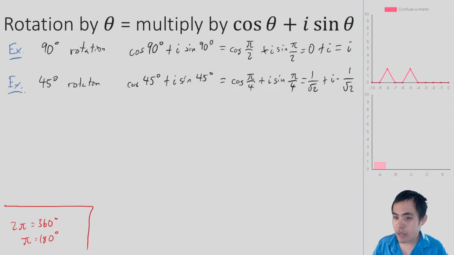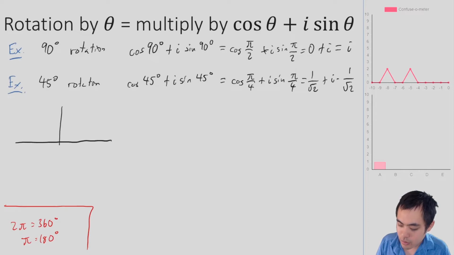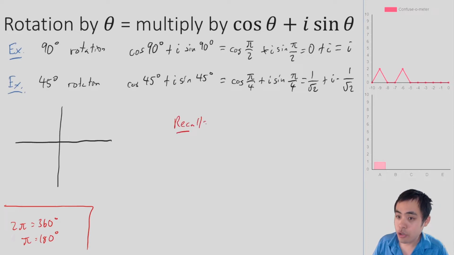And actually, this is quite interesting because, if we recall, we showed a little bit earlier that the square root of i is equal to 1 over the square root of 2 plus i times 1 over the square root of 2.